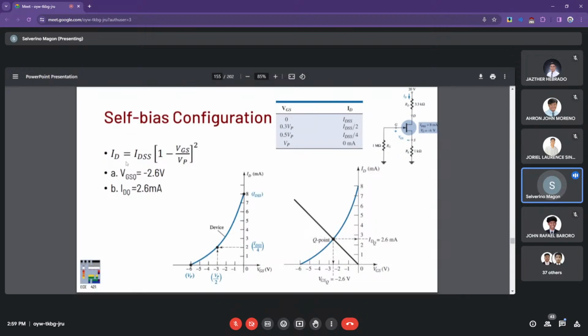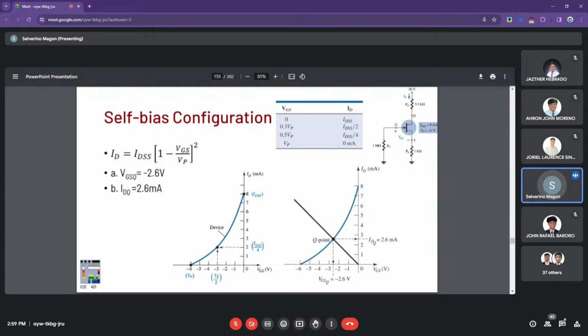So from Shockley's equation, we can figure the VGS value at Q point, or at 0 AC input, to be at 2.6. So that's what happens when we rearrange these equations and go back to this.